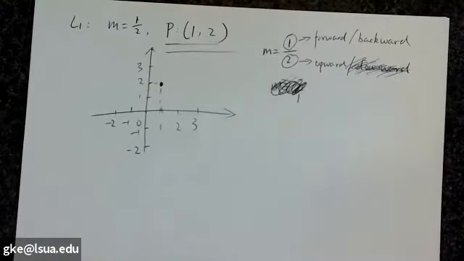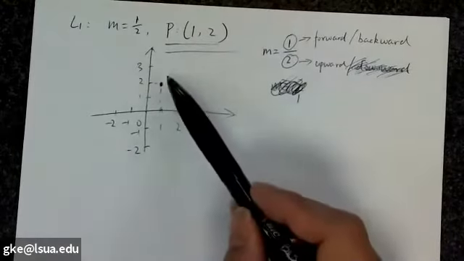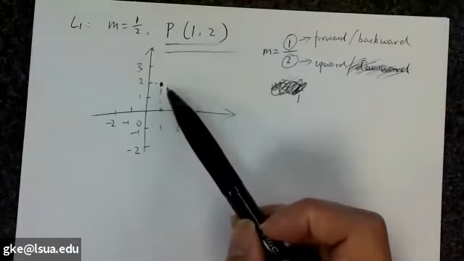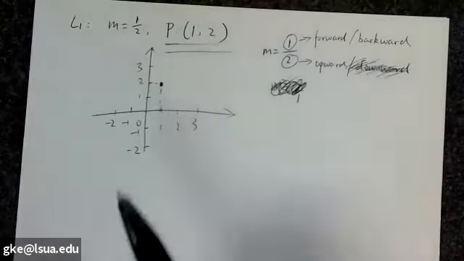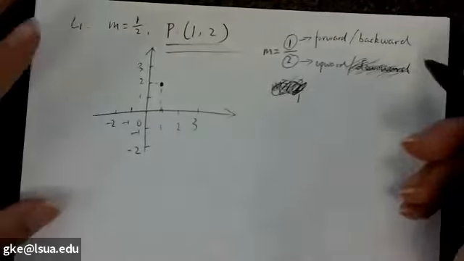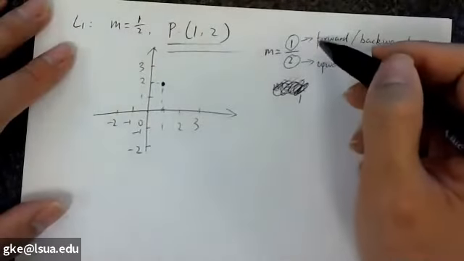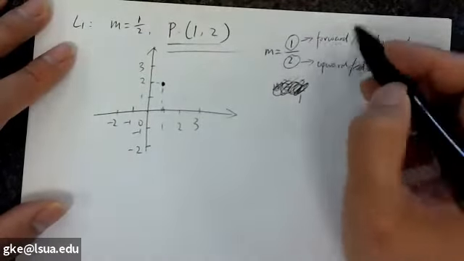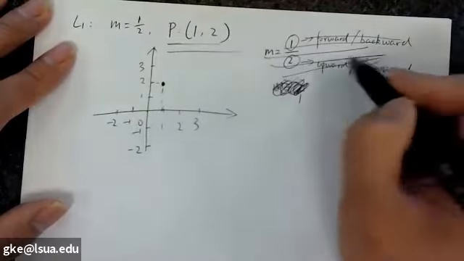The numerator is the one that controls vertical. Oh yeah, you're right. Oh, you guys already know it, right? So that's great. I make a mistake.